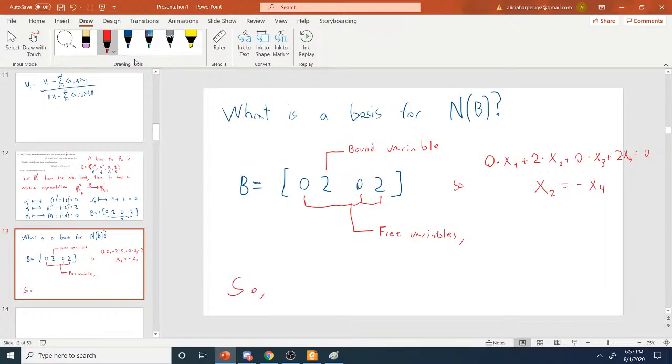So the null space of B is equal to the set of vectors x1, then negative x4, then x3, and then x4, where x1, x3, and x4 are all real numbers.